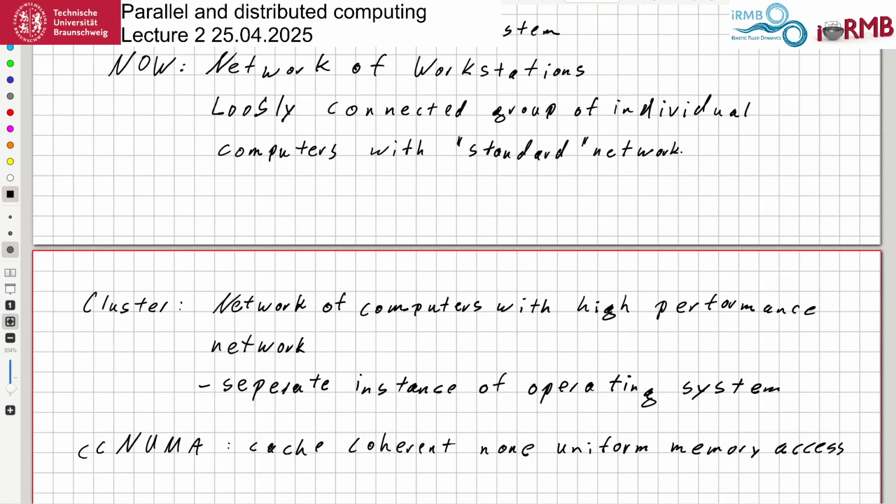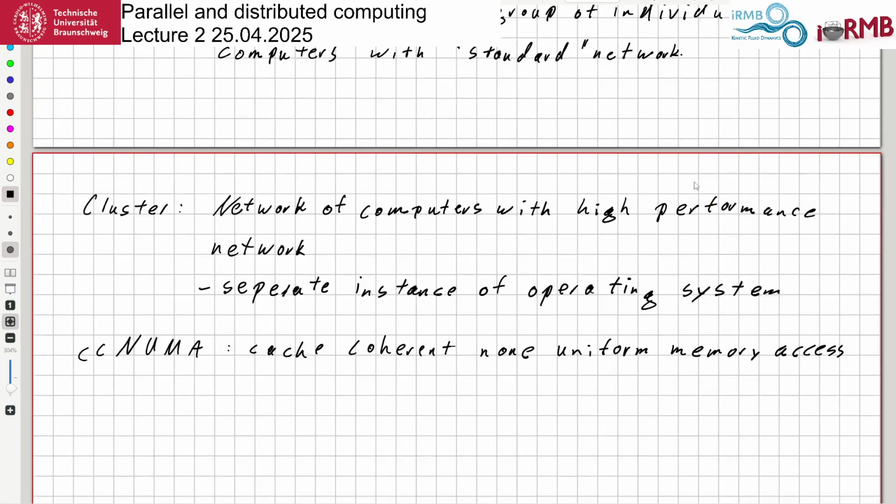Then we had NCC-NUMA, which is non-cache-coherent NUMA.